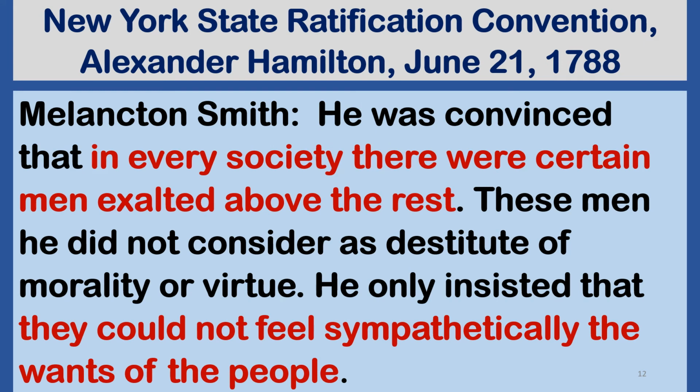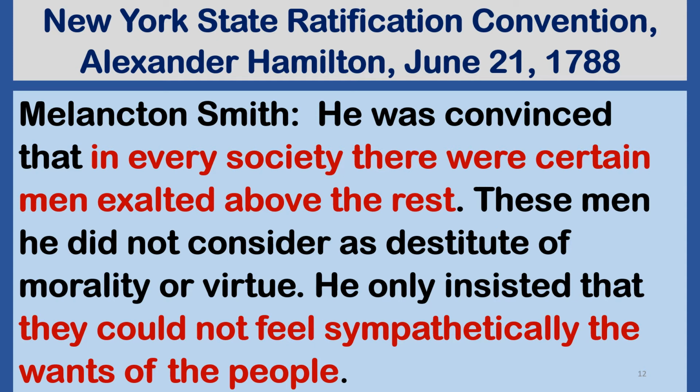Now we're going to advance about 7 months to the New York State Ratification Convention. That was sort of a battle between Alexander Hamilton and a delegate named Melancton Smith. Melancton Smith had wanted to reduce the ratio of representation set forth in Article 1 from 30,000 to 20,000.